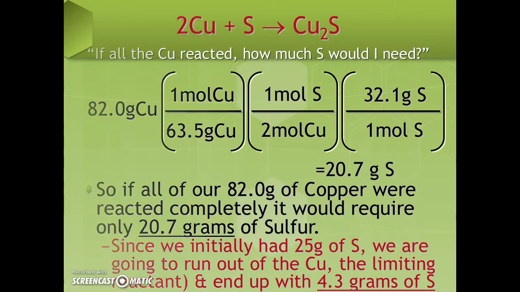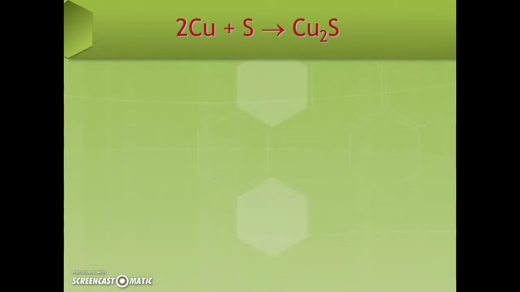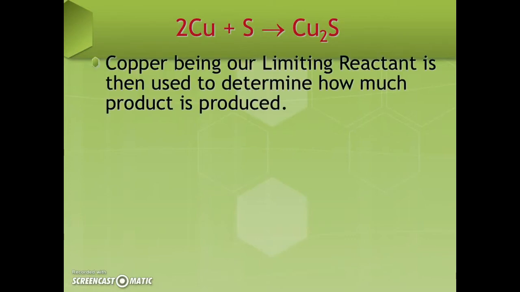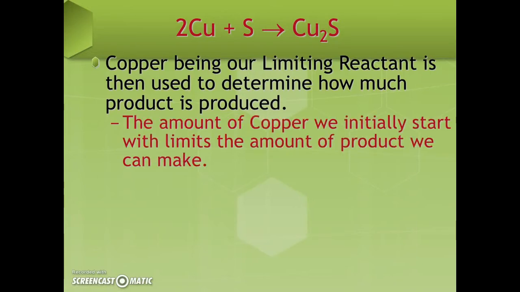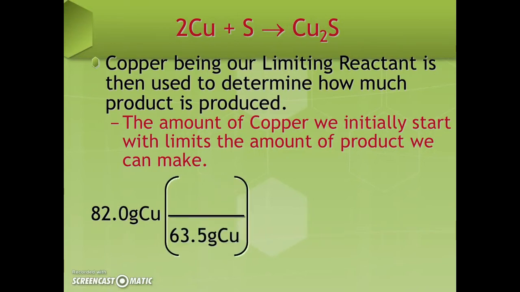So then the last part of the question is just to say, now that we know our limiting reagent, how much product will be produced? And so what we do is we say 82 grams of copper. Again, move ourselves into the molar domain by dividing by the molar mass of copper.